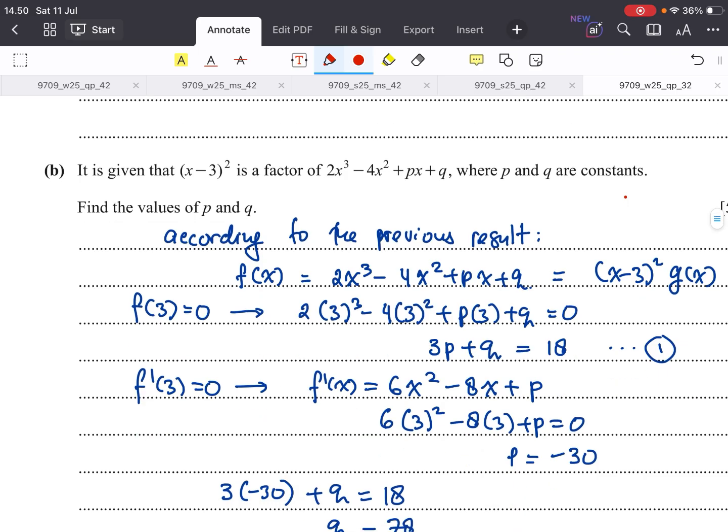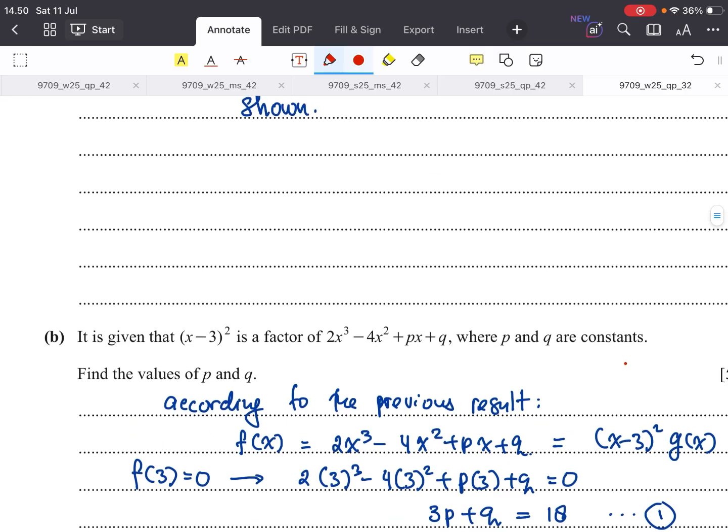B. It is given that (x minus 3) squared is a factor of 2x cubed minus 4x squared plus px plus q, where p and q are constants. Find the values of p and q.